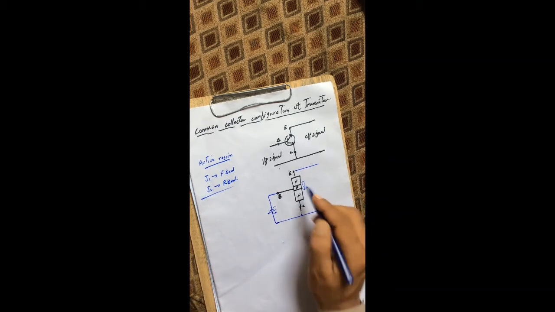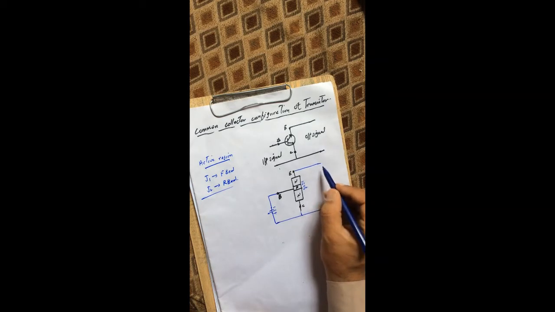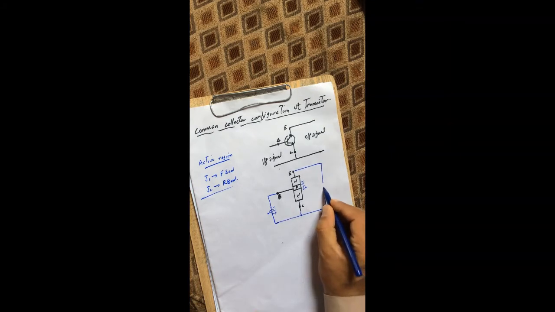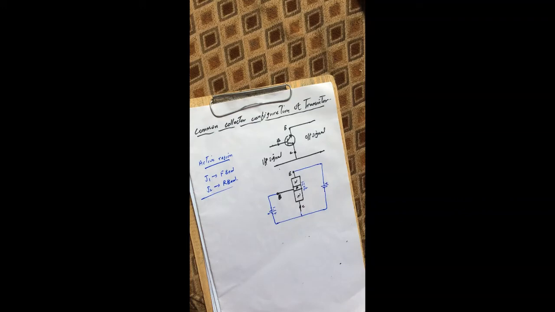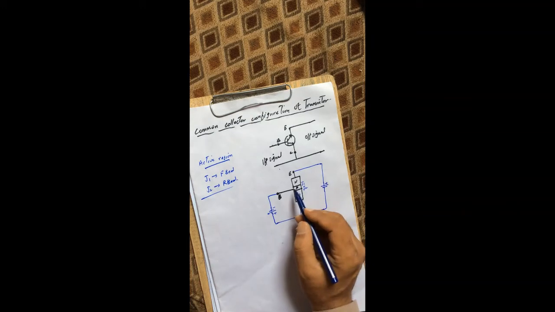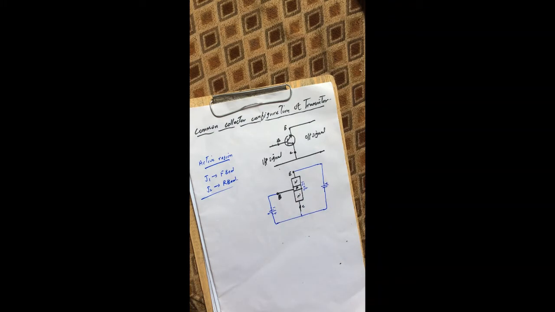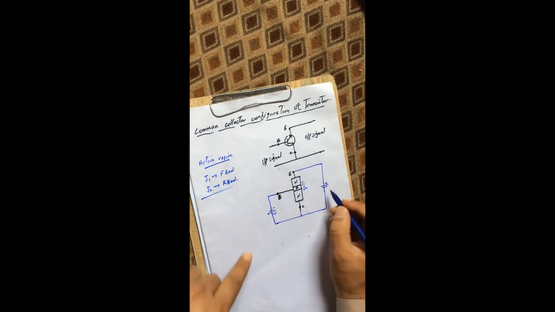Now, to make junction J1 forward biased, we use another battery such that N is connected to the negative terminal and P is connected to the positive terminal.